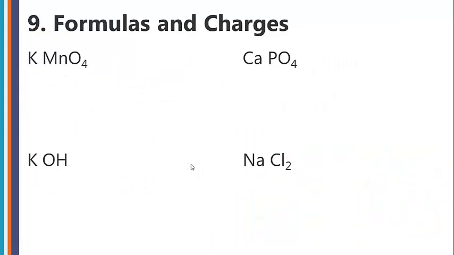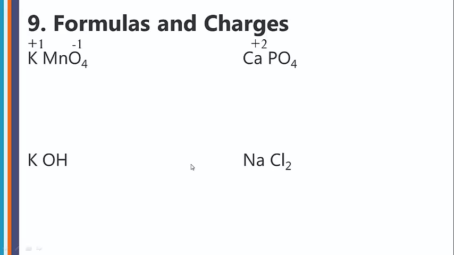Next question, if we look at these formulas, some of them are wrong and we've got to figure out why. We're going to use charges to determine that. Potassium has a +1 charge, and MnO4 is permanganate, which is a polyatomic ion with a -1 charge. So my charge is balanced, which means that one is a correct formula.